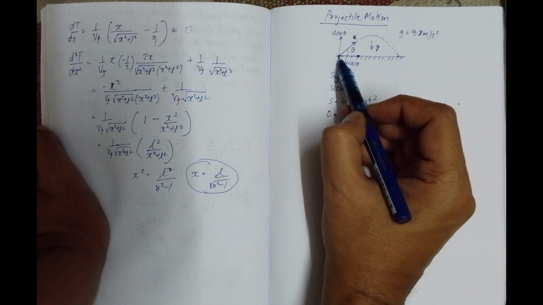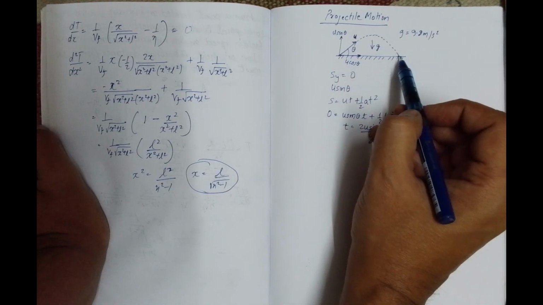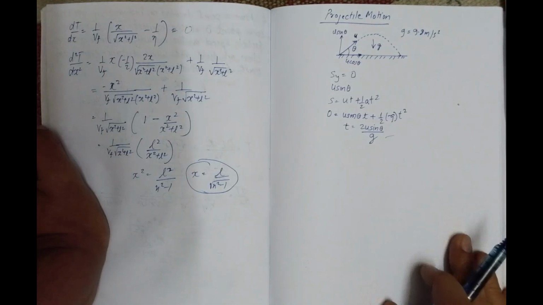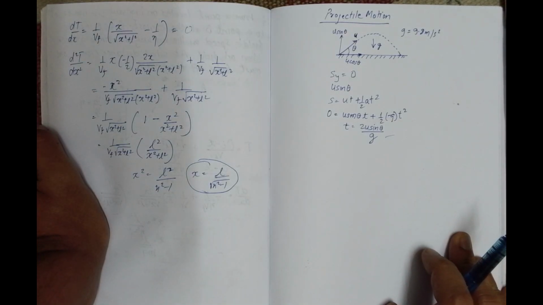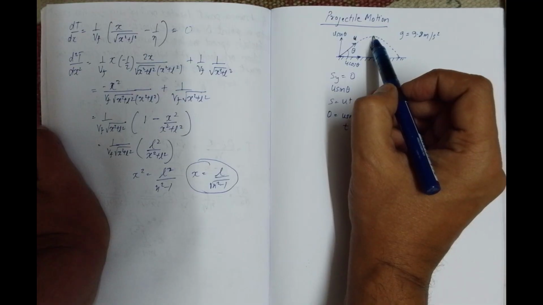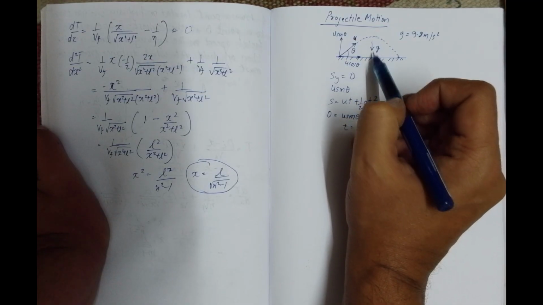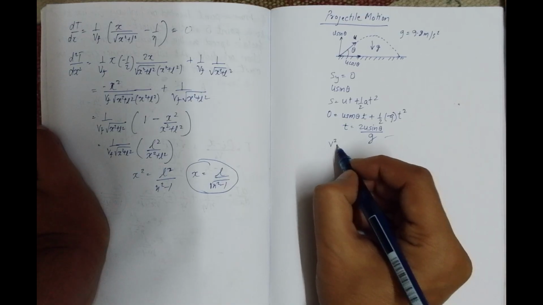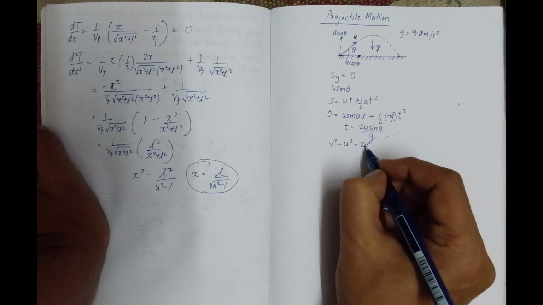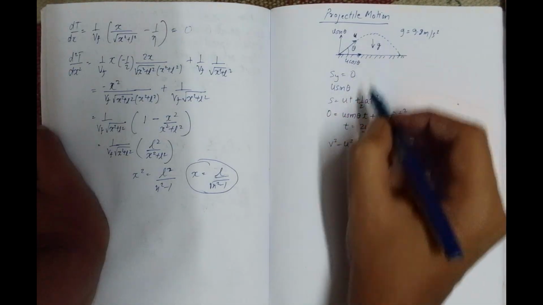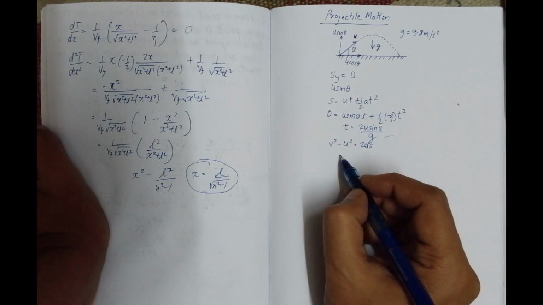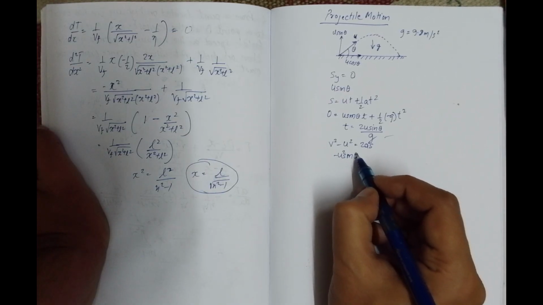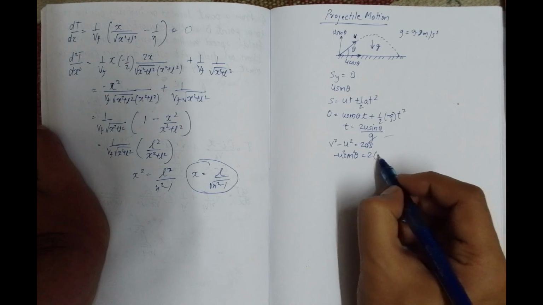Since the ball leaves from this point and hits this point, the time it takes from here to here is this much time. Similarly, you can calculate the total distance that it goes up. v square minus u square is equal to 2as. v will be equal to 0, u will be equal to u sin theta, and a is minus g.